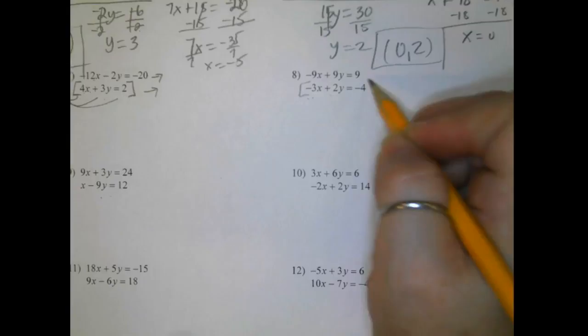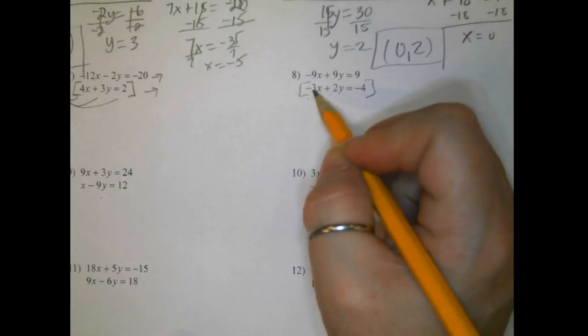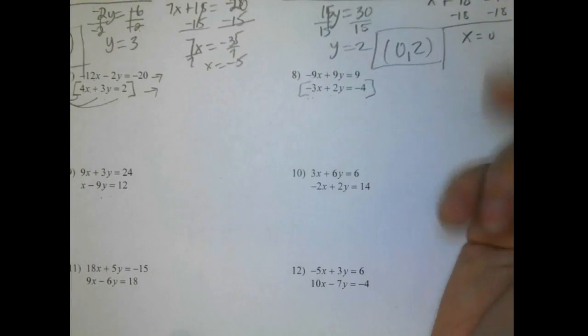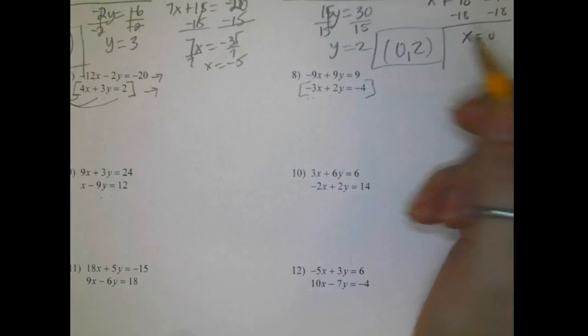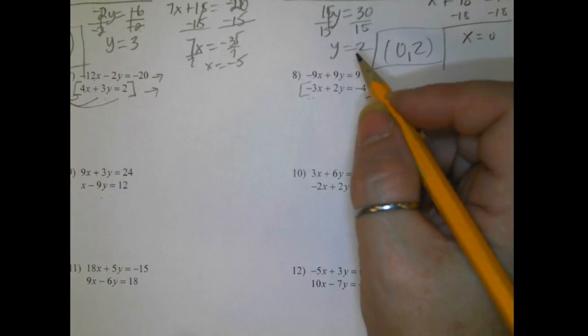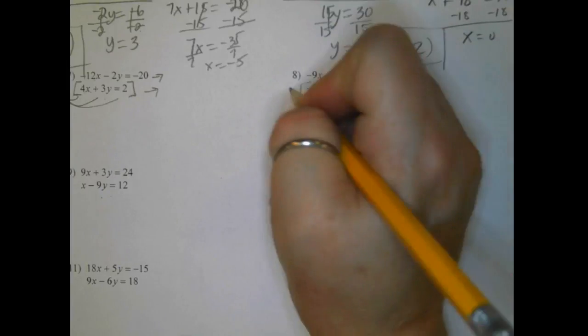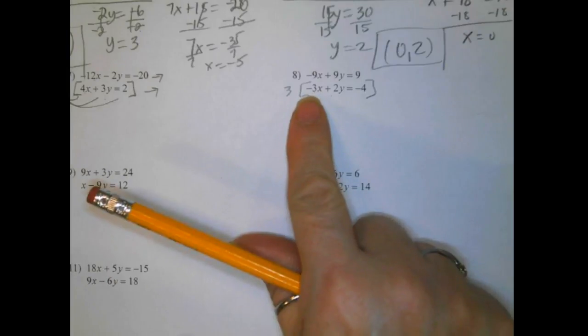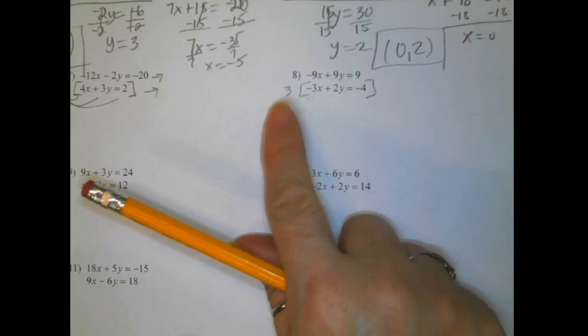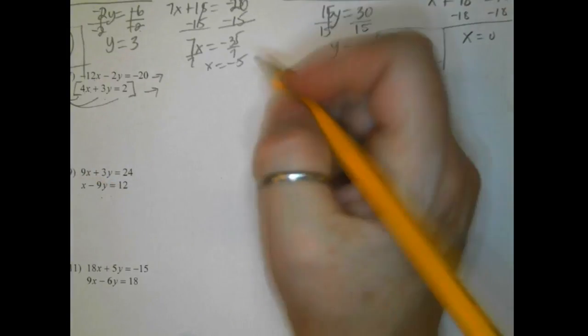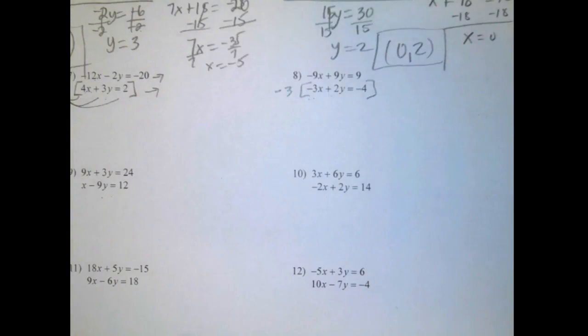Okay, so what do I have? I can make 3 into 9 by multiplying it by what? 6 times 3 is 18. 3 times 2 is 6. So I need to multiply it by 3. But is that going to give me opposite sign? So what do I need to multiply it by? Negative 3. All right? Does that make sense?